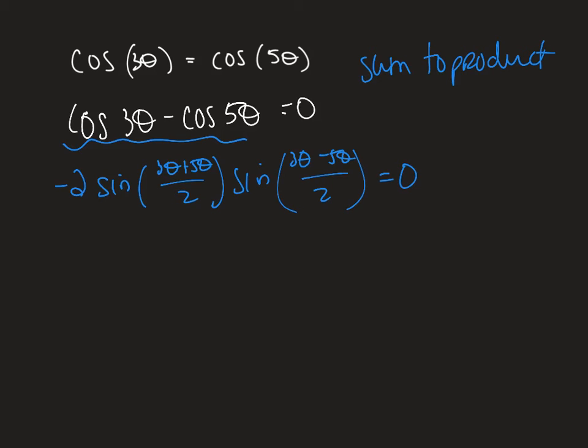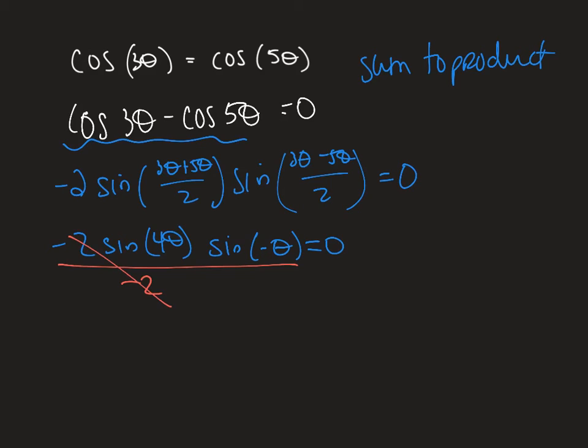Okay, so then I will have -2 times the sine of, 3 plus 5 is 8 divided by 2 is 4 theta. And then sine of negative theta, because 3 minus 5 is -2 divided by 2, so that's a negative theta. That equals 0. I'm dividing both sides by that -2 just to get it out of there.